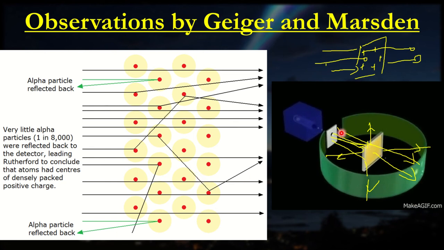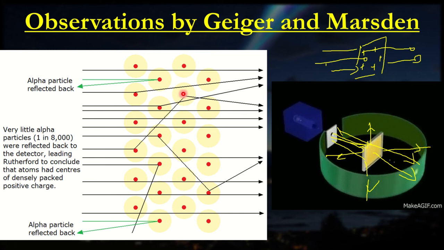But the fact that only 1 in 8,000 of these alpha particles is deflected or reflected implies that the majority of this atom is actually empty space, and only a very small fraction of that space is where these positive charges are.